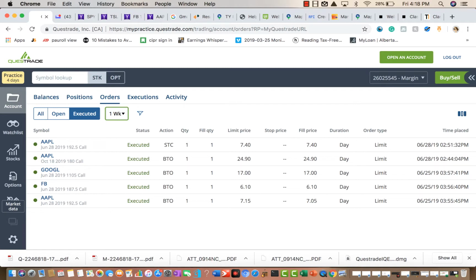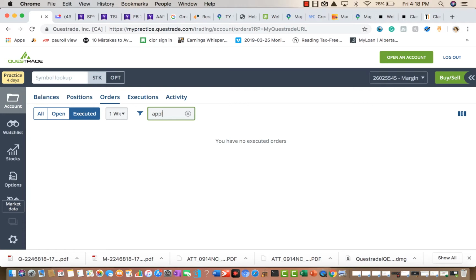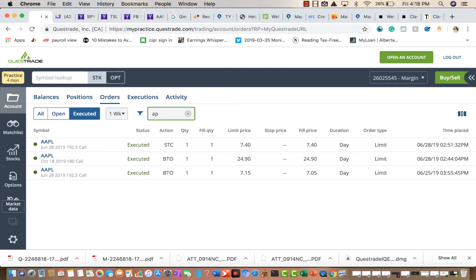All right, and this little icon right here, it looks like a filter. You just click on it, enter a symbol. Let's say you want to look up the trades that you did for Apple. You just put in the symbol right there, and the trades that you did in Apple will show up here.